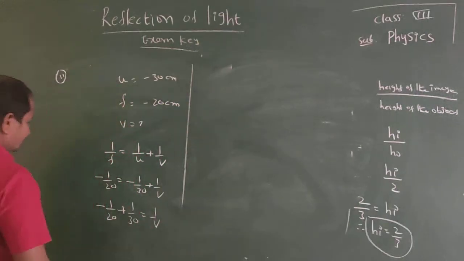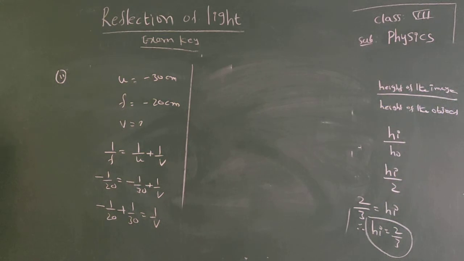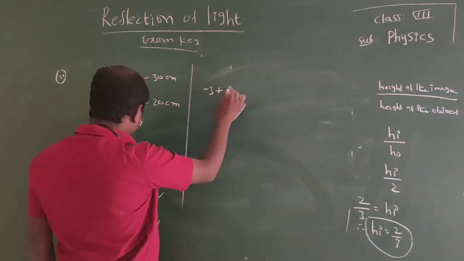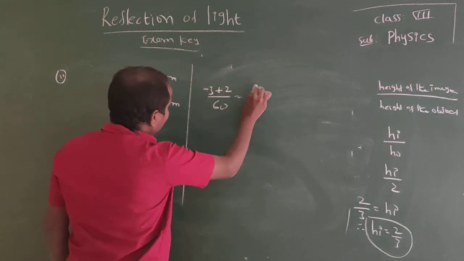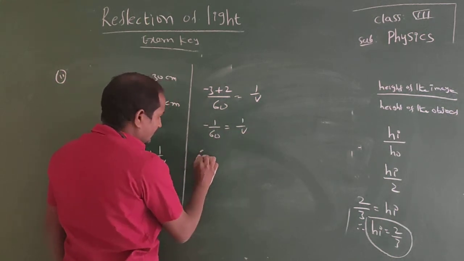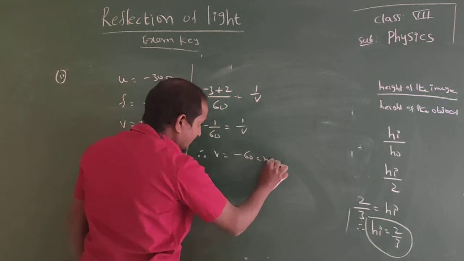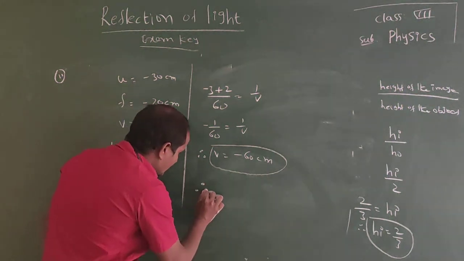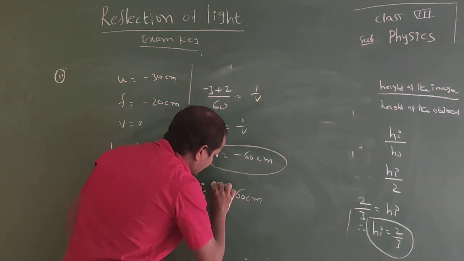Here LCM equal to 60. So minus 3 plus 2 by 60 equal to 1 by v, that is minus 1 by 60 equal to 1 by v. Therefore v equal to minus 60 centimeters. For a concave mirror v is negative, so the image distance is 60 centimeters.